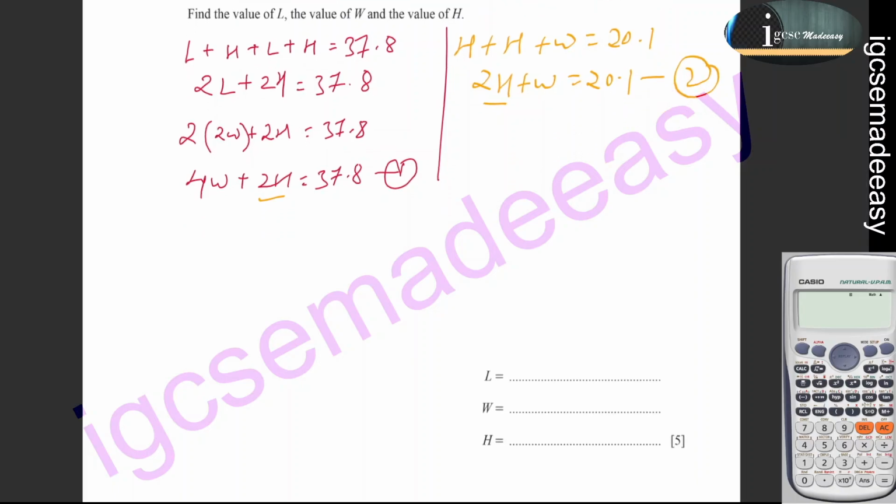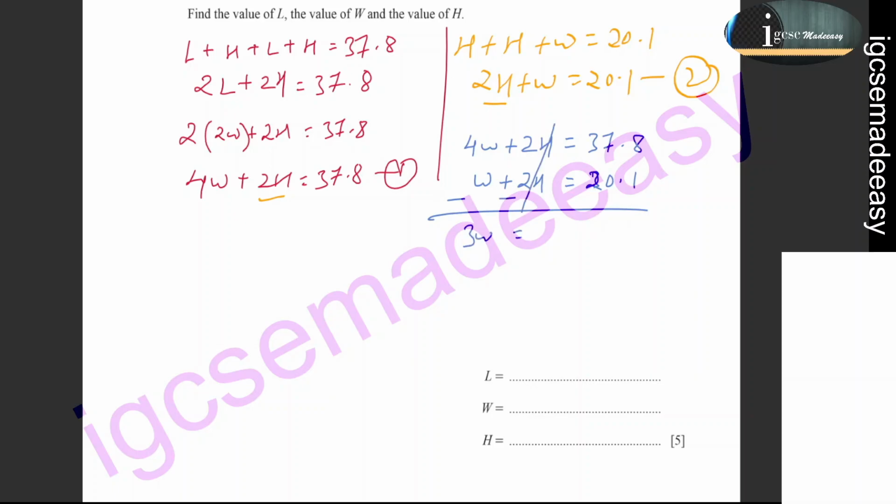If I subtract equation 1 and 2: 4W plus 2H equals 37.8, and below it 2H plus W equals 20.1. If I subtract, I get 4W minus W is 3W, and the 2H will be cancelled out.